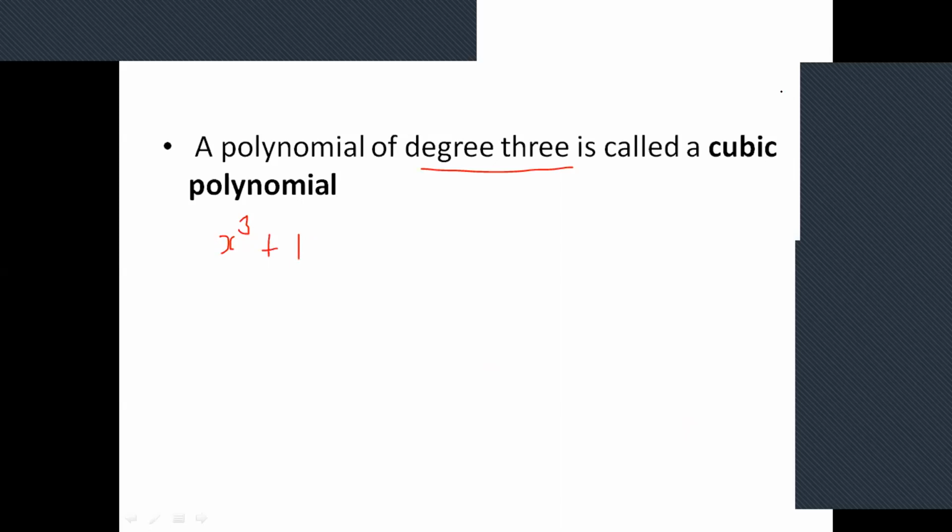Yes, x cube plus 1 is correct. And then we have other examples, like x cube plus x square plus x, and then we have 1. This is the complete cubic equation, which has a standard form.